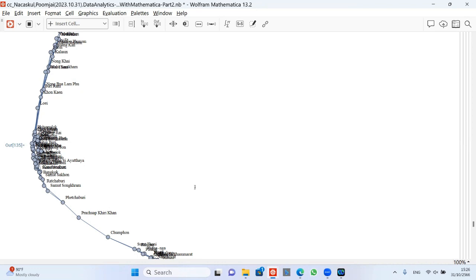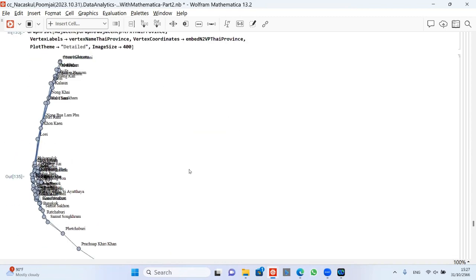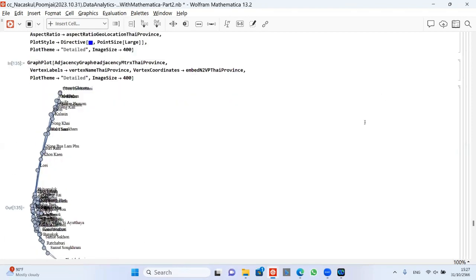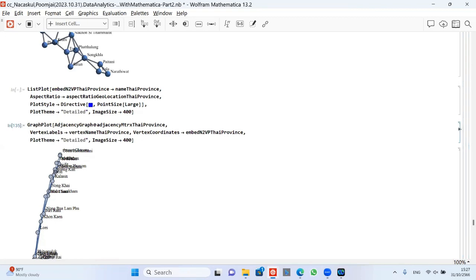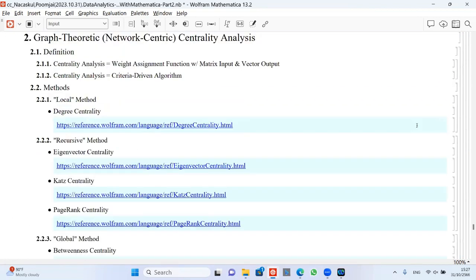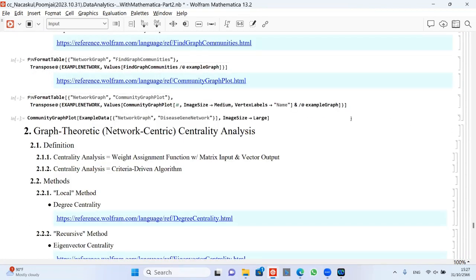So it takes a lot of effort to go from Chumphon to Loi, but it takes little effort to go from Chumphon to Surat Thani, for example. Anyway, this is more advanced. This is what's called graph neural network, graph embedding with neural network. I have it here, so I might as well show you, but I don't want you to pay too much attention.